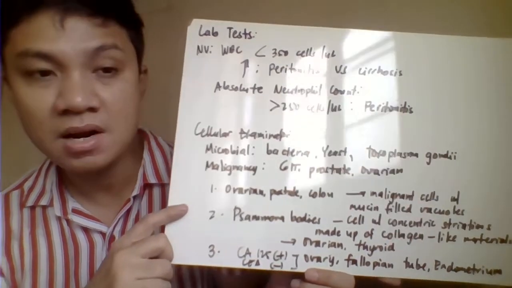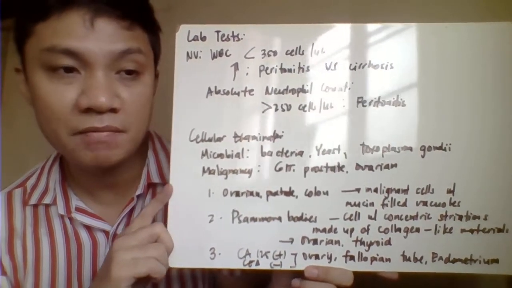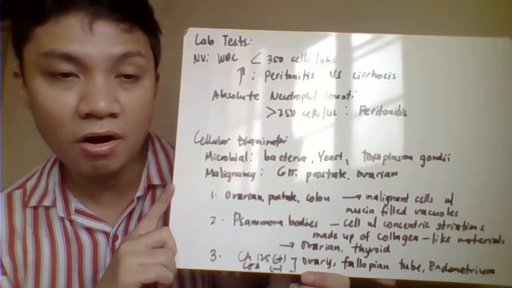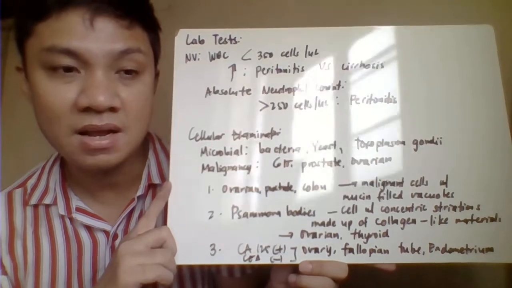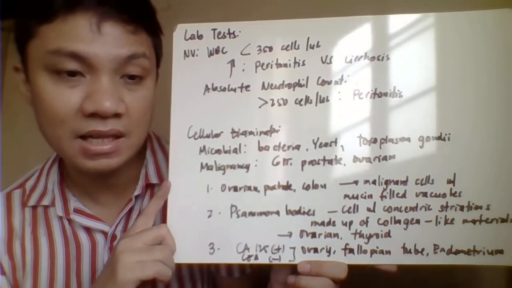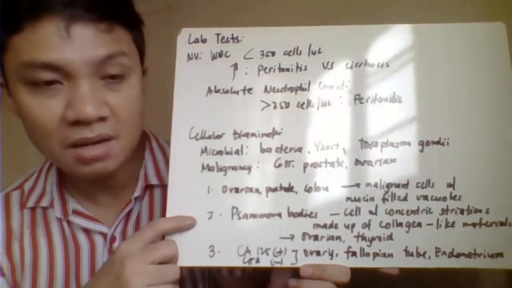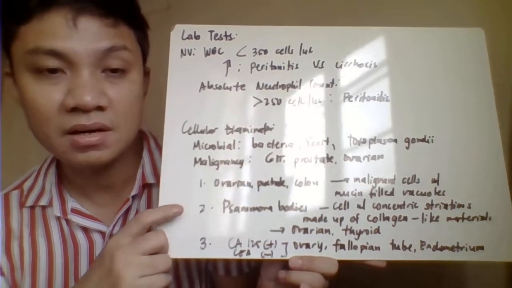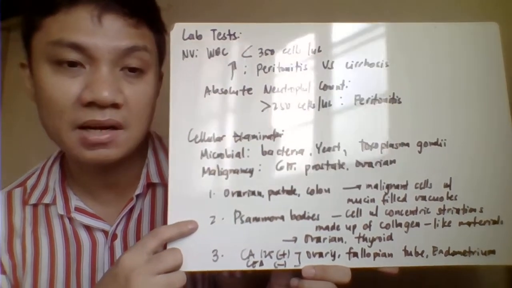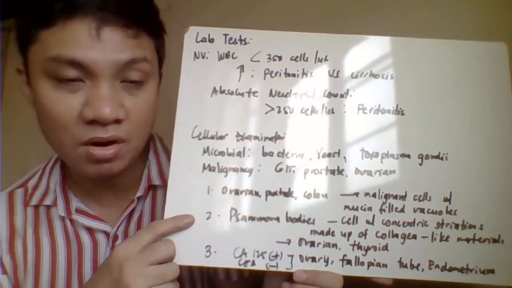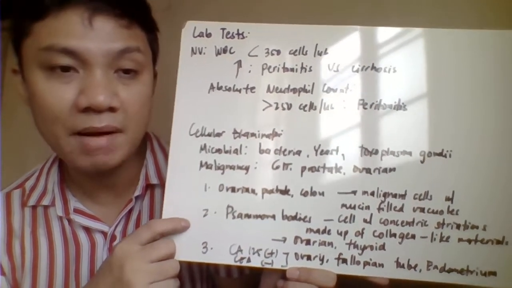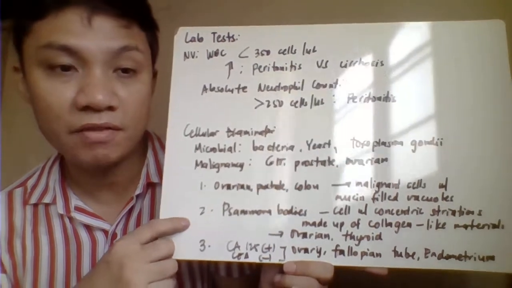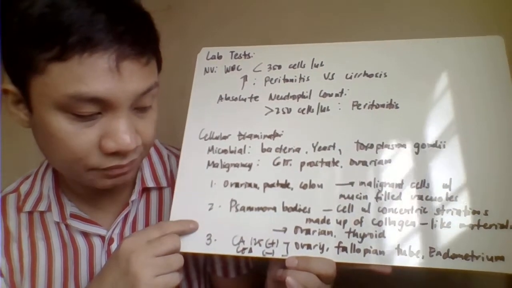Okay, then we have here malignancy coming from your ovaries, prostate, or your colon, characterized here by malignant cells which have large mucin-filled granules. Sometimes you could identify the presence of psammoma bodies. These are large cells with concentric striations made up of collagen-like materials, and that psammoma body will be related to your cancer of the ovary or thyroid.